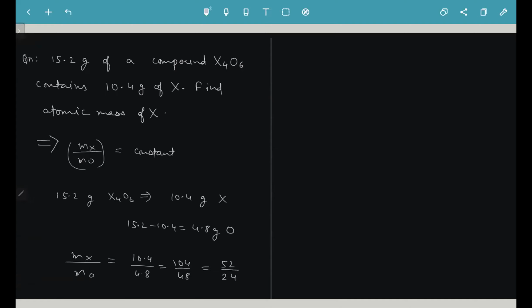We can also find out this ratio from the molecular formula. From the molecular formula, it is clear that it has 4 atoms of X, 4 into atomic mass of X, and 6 atoms of oxygen, that is 6 into 16. This is determined from the formula. This is determined from the data given.